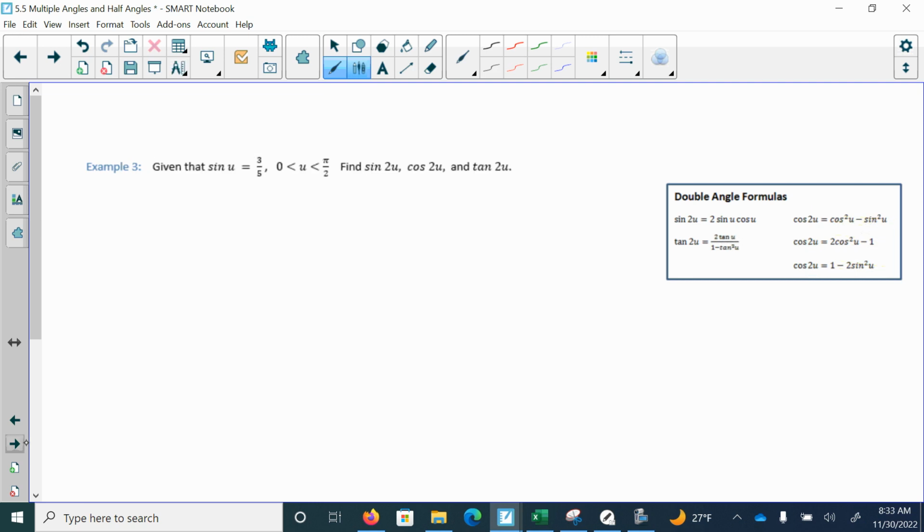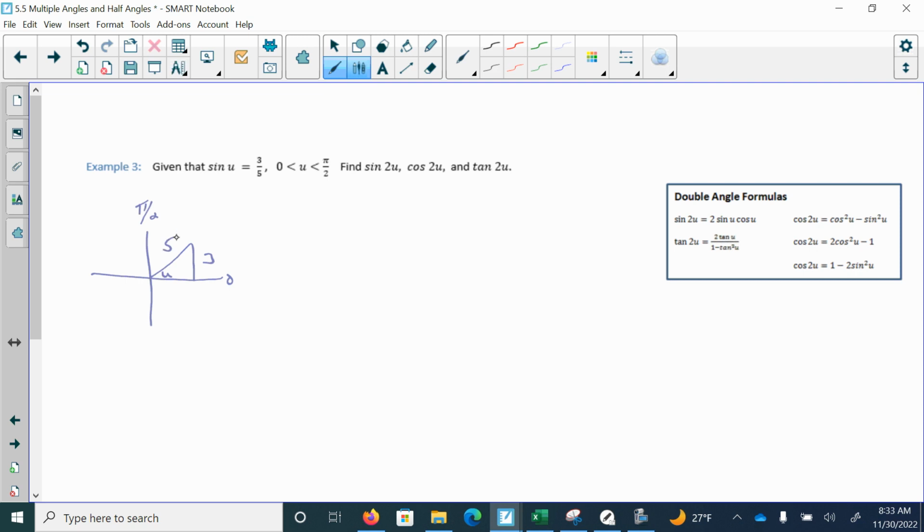The next one: given that the sine of u is equal to 3/5 and u is between 0 and pi over 2. What that's telling me is to draw a triangle in the first quadrant, because that's 0 and this is pi over 2, such that the sine of this angle, which I'll call u, is 3/5. Remember that sine is the opposite over the hypotenuse.